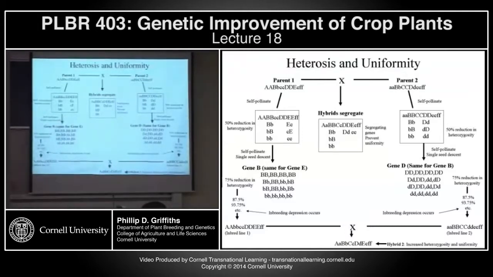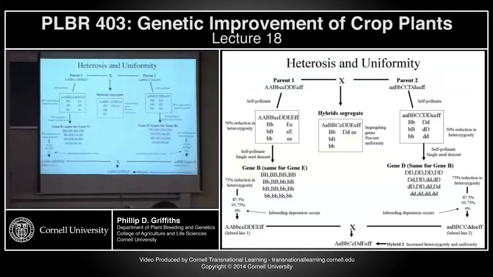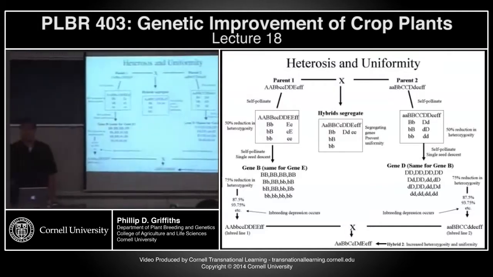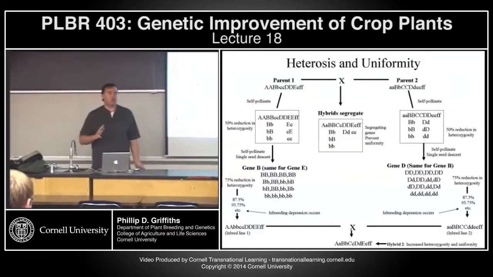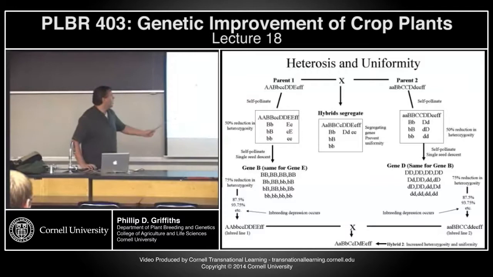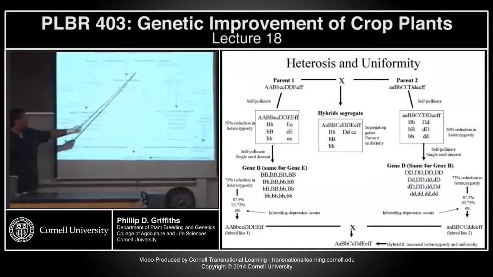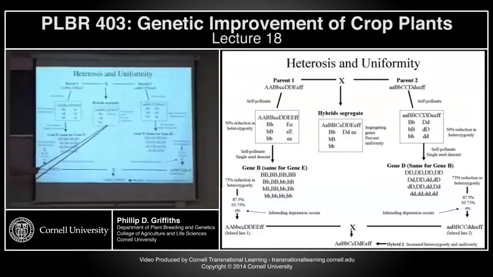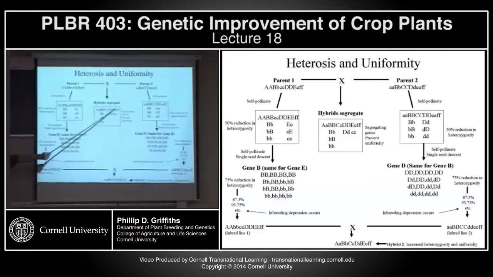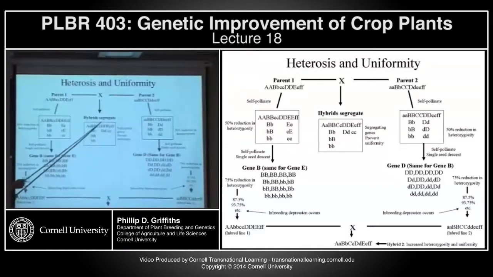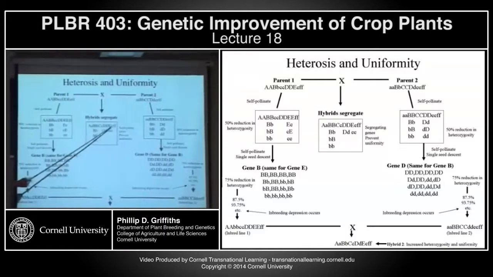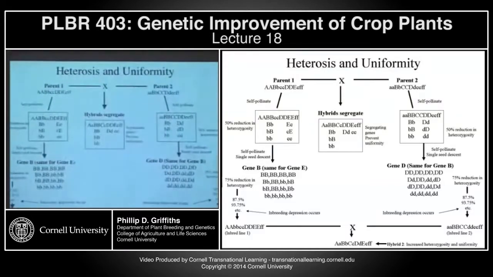So if you were to just take 2 parents randomly and cross them, the heterozygous genes in each parent wouldn't really match up in the F1 hybrid. So if we combined these 2 parents, you could see that the hybrids we produce are going to vary a lot at the B locus, and they're also going to vary a little bit at the D and the E locus.